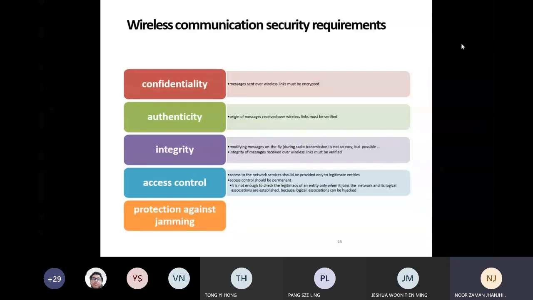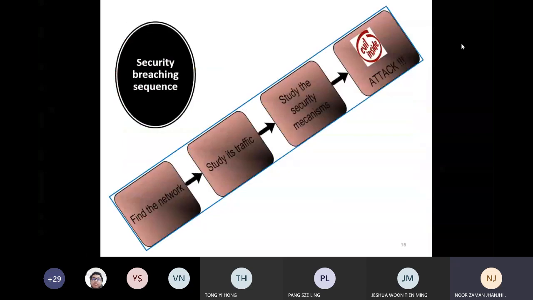I hope that you know what confidentiality, authenticity, integrity, and access control are from your previous courses. In case you don't, we provide the definitions there, so you can go through them. And in case you have any issue, you can discuss it, and we will also discuss it in the upcoming classes.